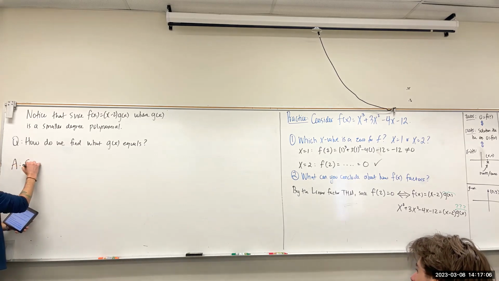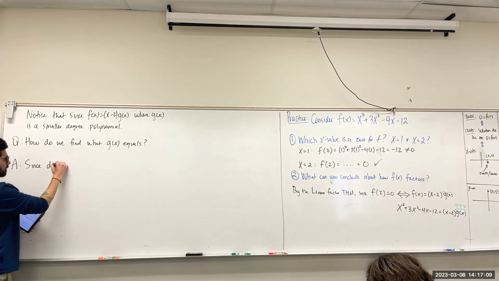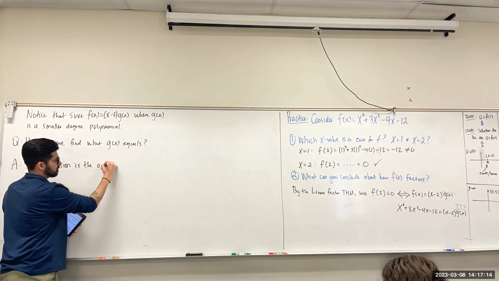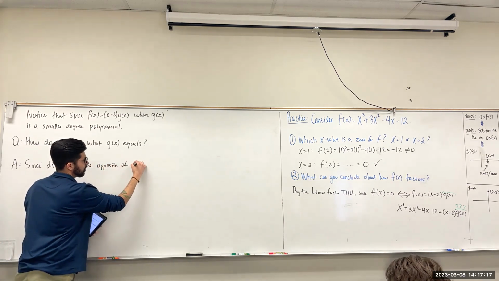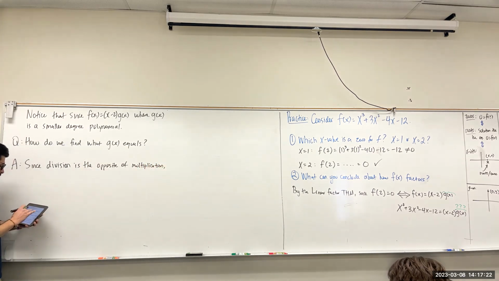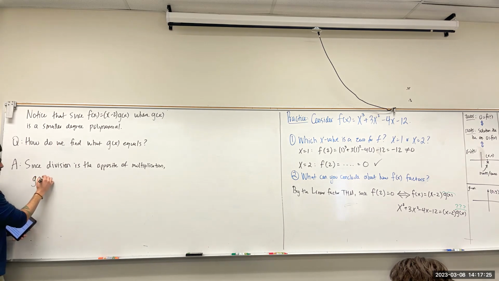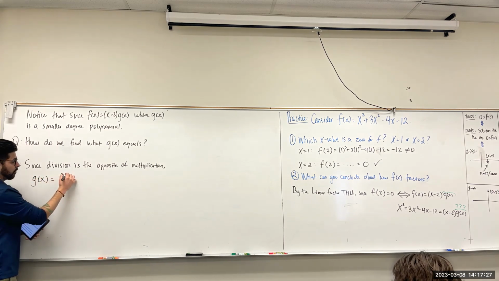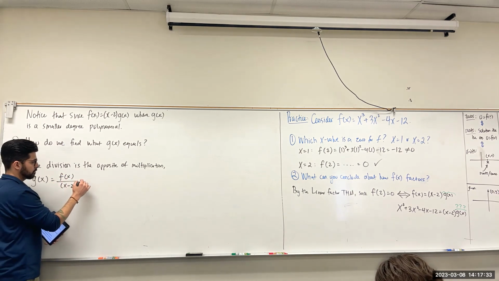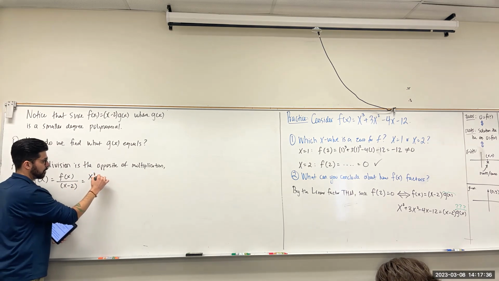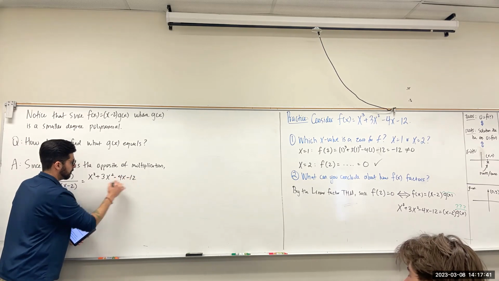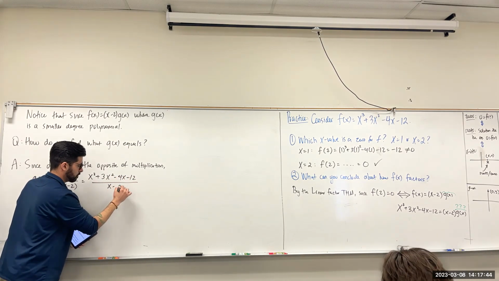So here's the answer: since division is the opposite of multiplication, g of x must equal whatever f of x is divided by x minus 2. So that means we're going to have to get this nasty polynomial here and figure out how we can divide it by x minus 2.